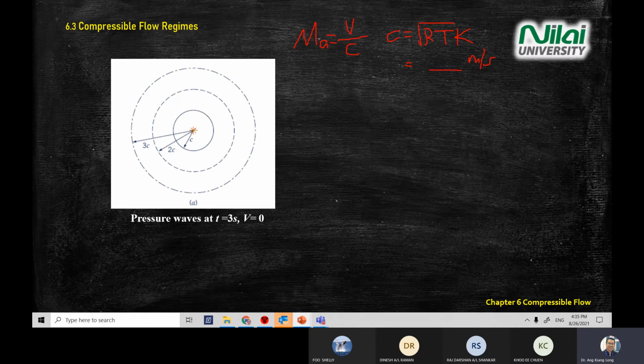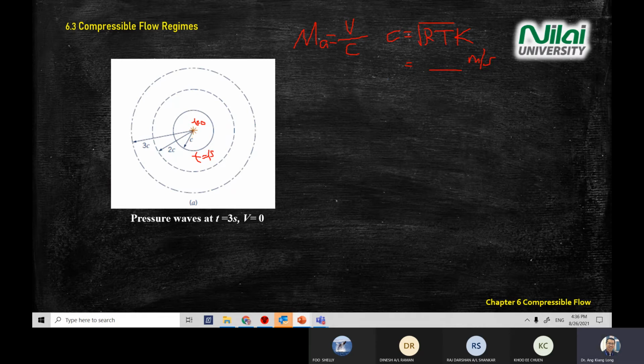If you look at this diagram, how do you read it? Let's say you have a source of ping, or you generate a signal at t equals 0. You start generating the signal at this source. After 1 second, t equals 1 second, your wave will move a distance of c from the source. So you get a circle with the radius of c.